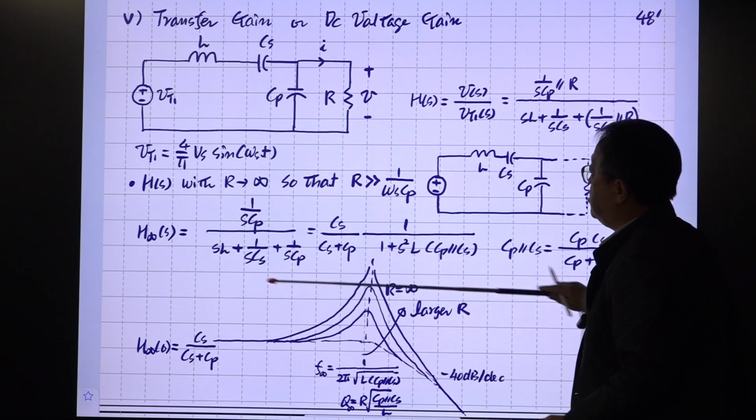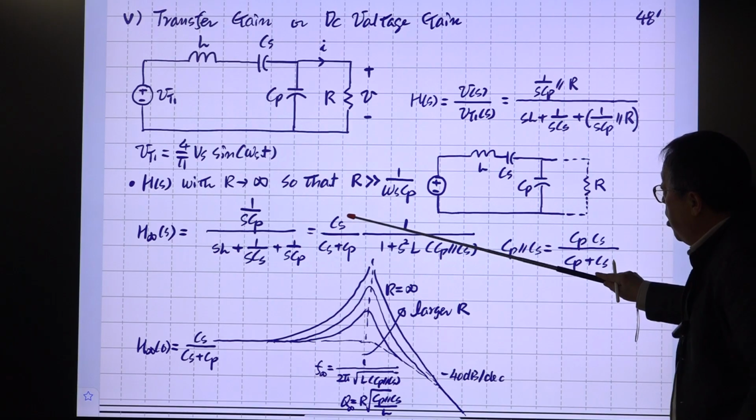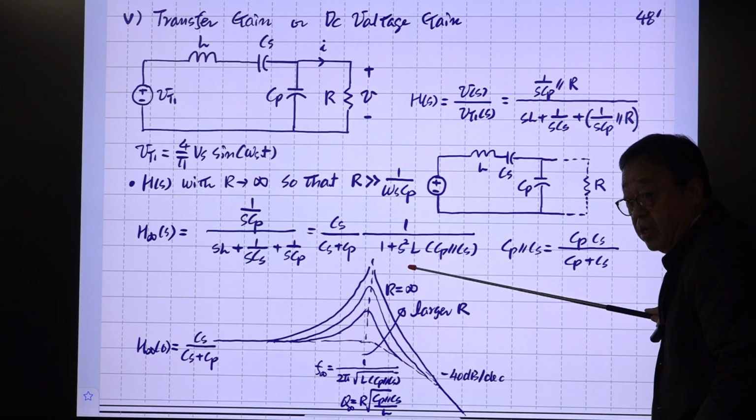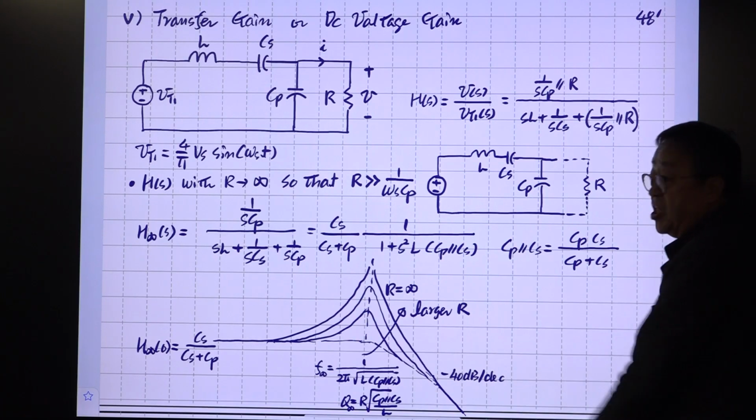So you have this transfer function, which is this, right? So you have a low frequency gain, and this is the double pole, okay? This is a low pass filter with Q of infinity.